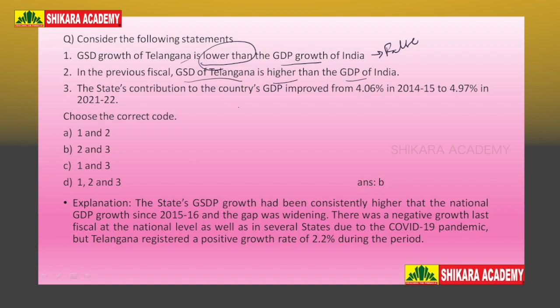The state's contribution to the country's GDP improved from 4.06% in 2014-15 to 4.97% in 2021-22. This statement is also correct. So the correct option is B, that is 2 and 3, because since 2015-16, the growth rate of Telangana is much higher than the growth rate of GDP of India.